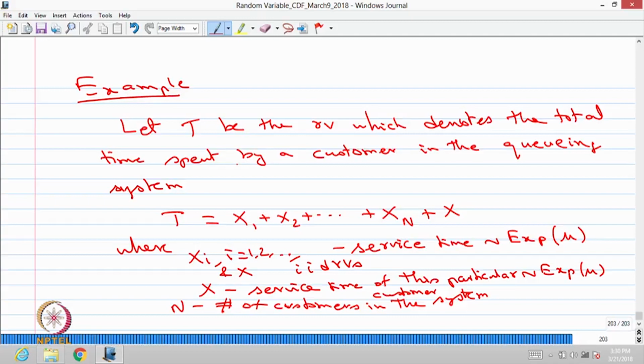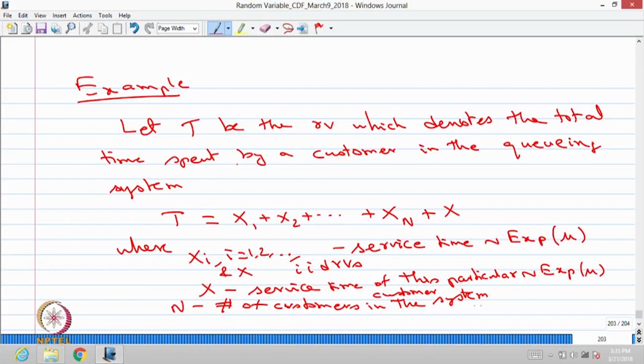My interest is to find out the distribution of capital T. So, I have to specify the distribution of the number of customers in the system also. Here the capital N means the number of customers in the system when he enters into the system.